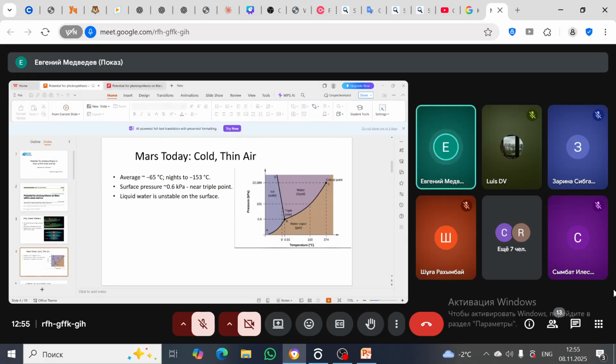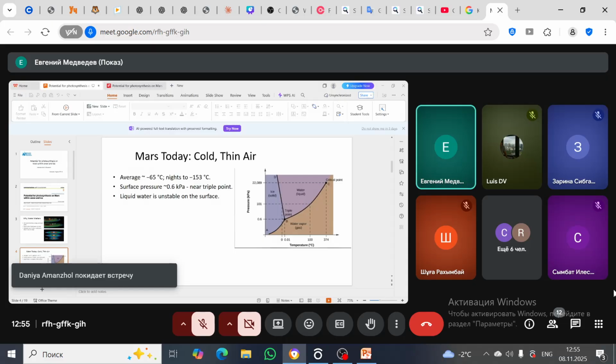It has thin air, and the average temperature on Mars is about minus 65 degrees Celsius, but nights can drop to minus 153 degrees. But days can go above 0 degrees Celsius in rare spots.